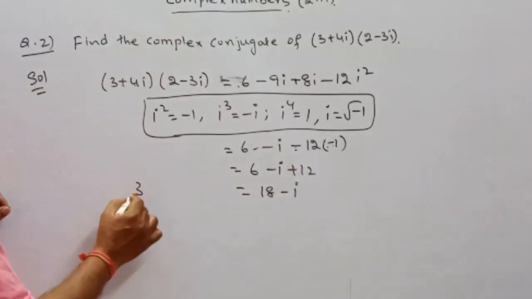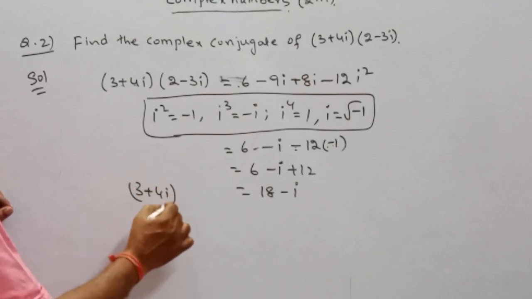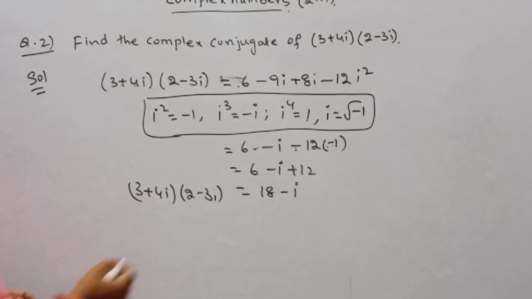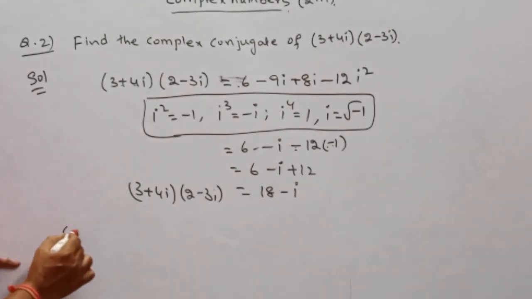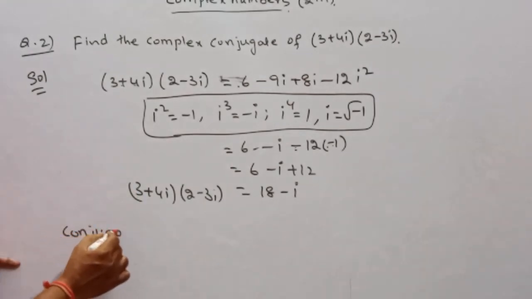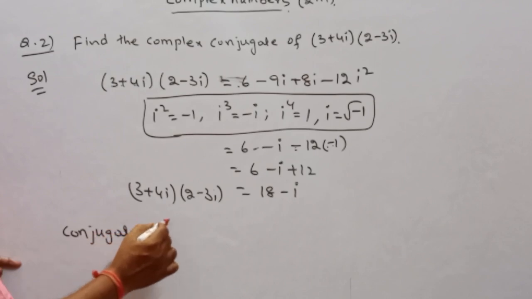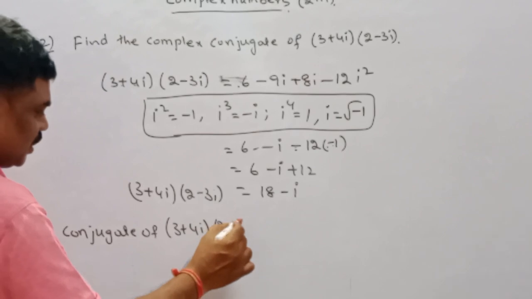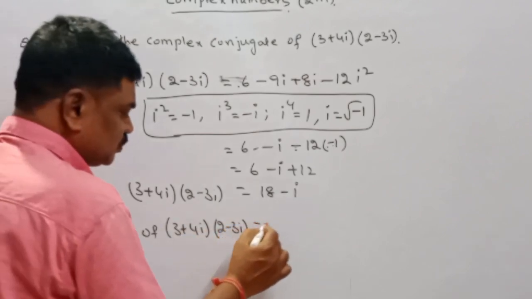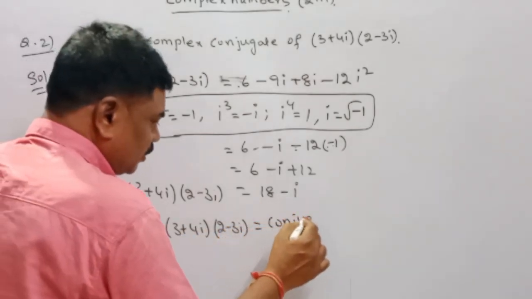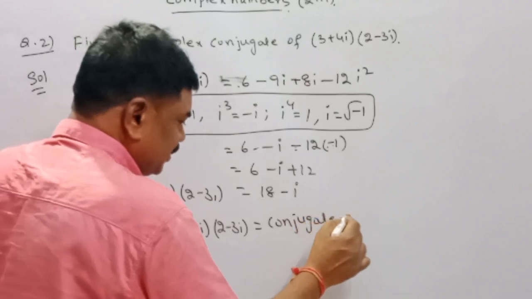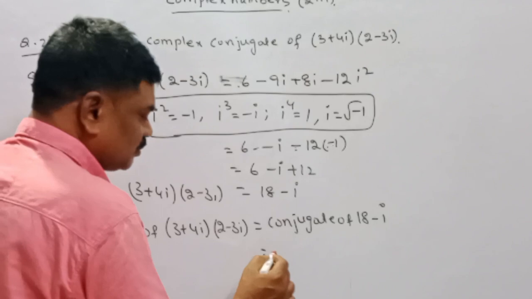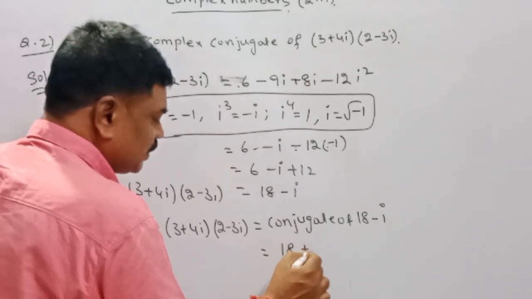This is (3 plus 4i) into (2 minus 3i). So we have to take the conjugate of this one. The conjugate of (3 plus 4i) into (2 minus 3i) is equal to the conjugate of 18 minus i, which is 18 plus i.